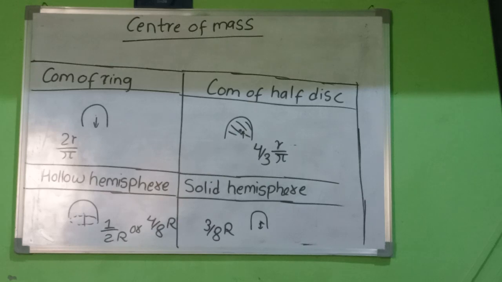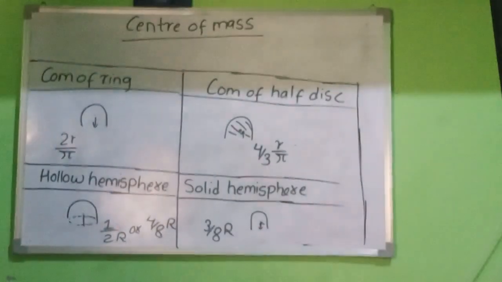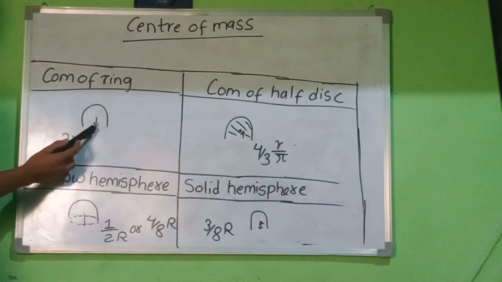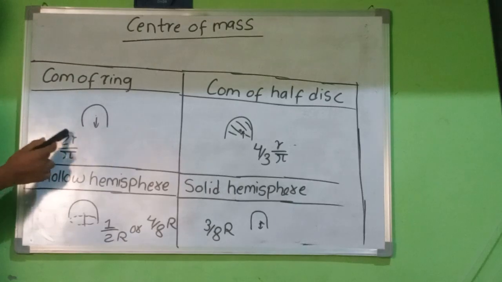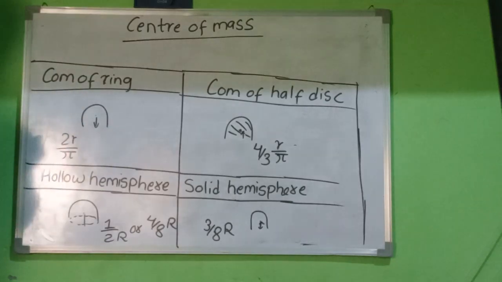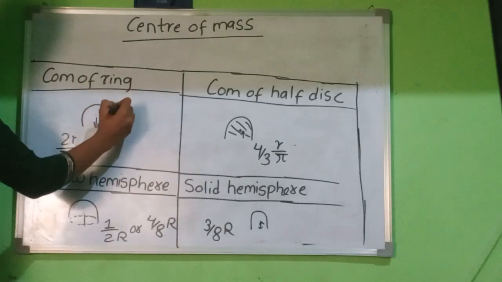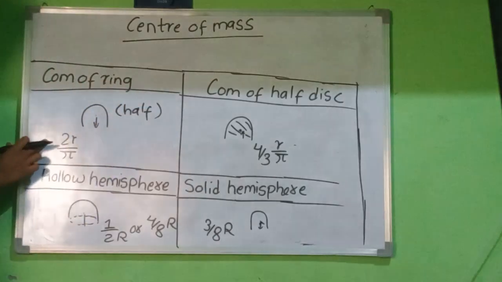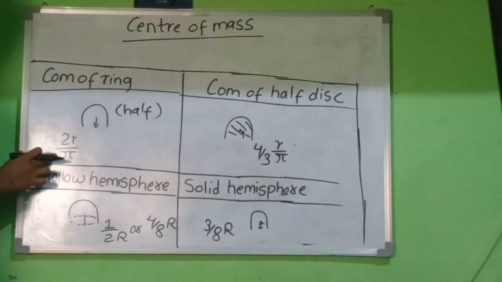Here, we discuss the center of mass for the ring, half disc, hemisphere, and solid hemisphere. Suppose this is a half ring. The center of mass for the half ring is 2r upon pi.